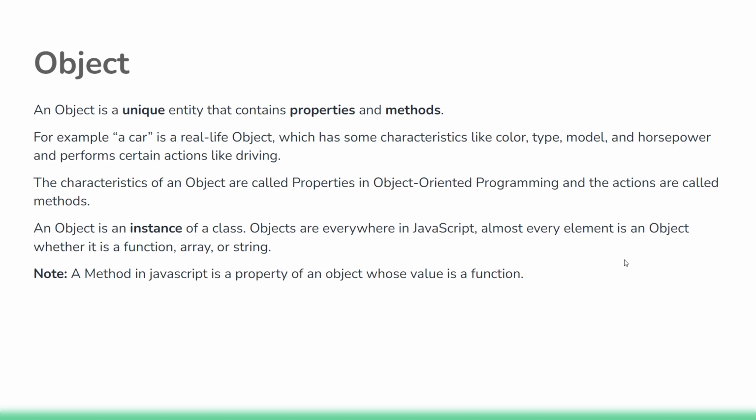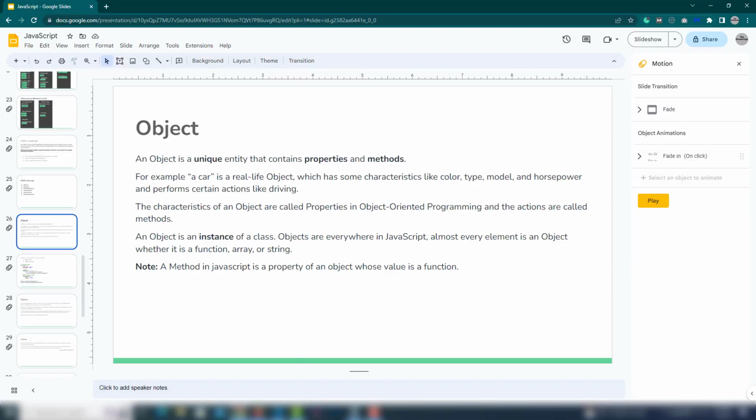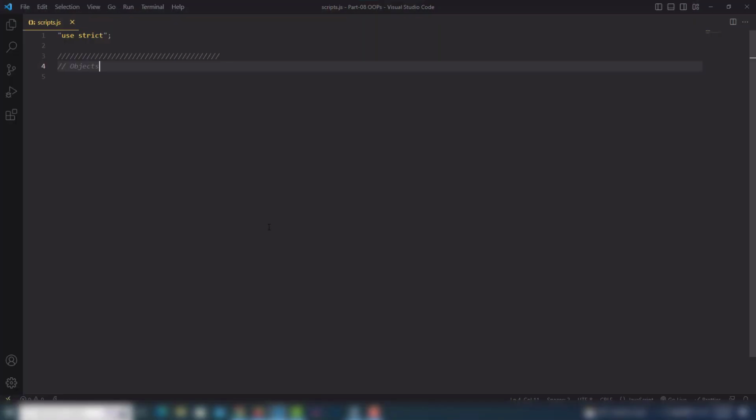So go to the VS Code editor. I'm gonna leave the slides and go to my code editor. Inside there we're gonna create an object. So let's look at that. Defining object.